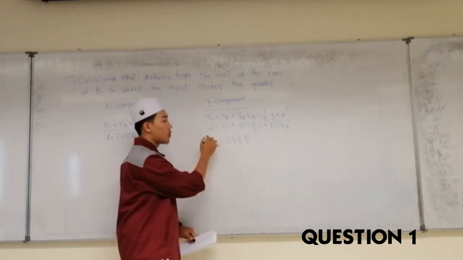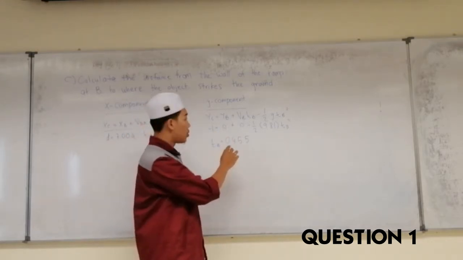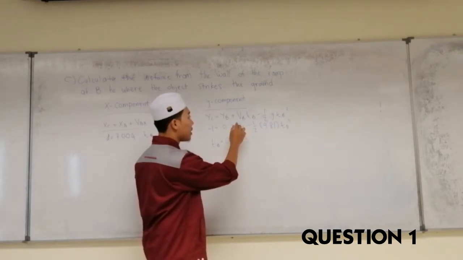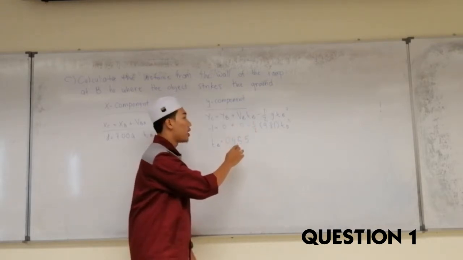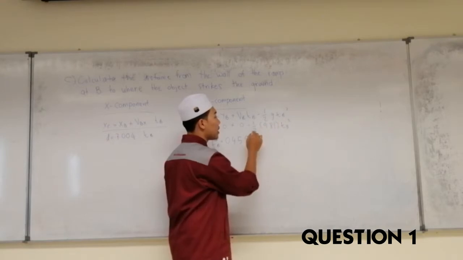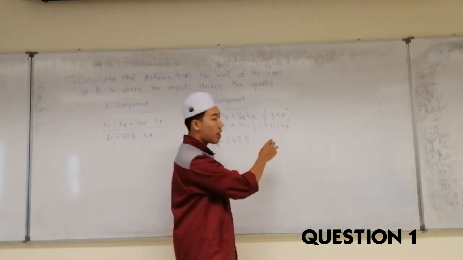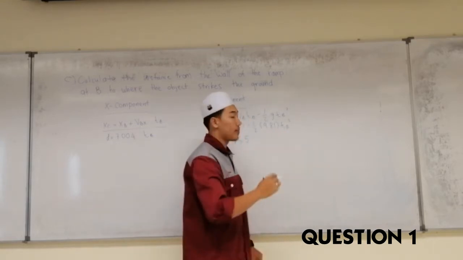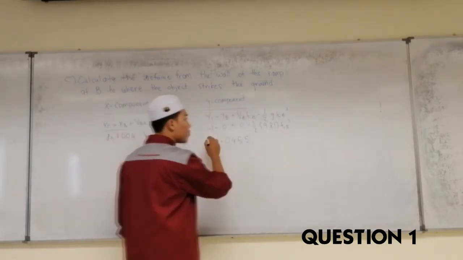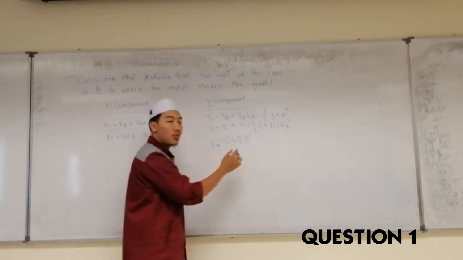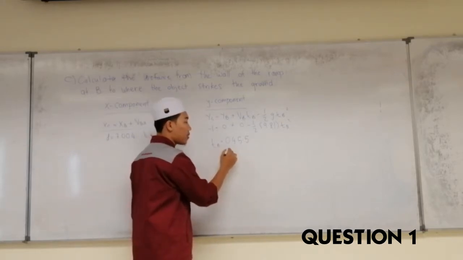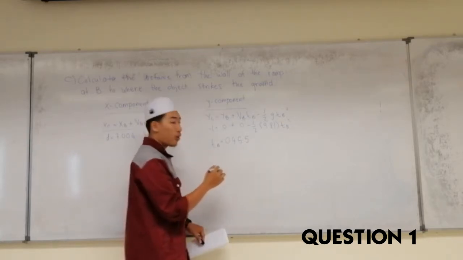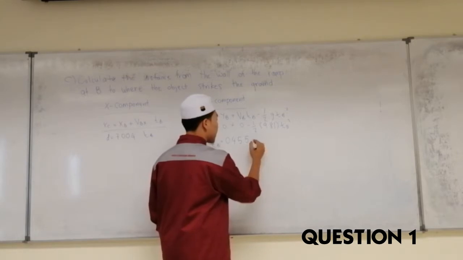So we calculate this. YC is equal to 1, YB is 0, plus VBY TB is 0, and then minus 1/2 multiplied with 9.81 multiplied with TB squared. After we calculate this, we get TB equal to 0.455 seconds.